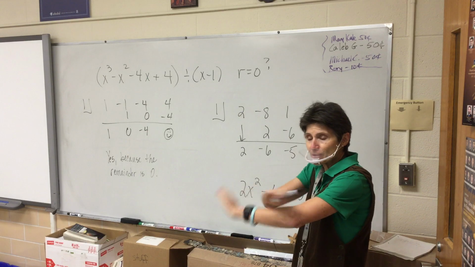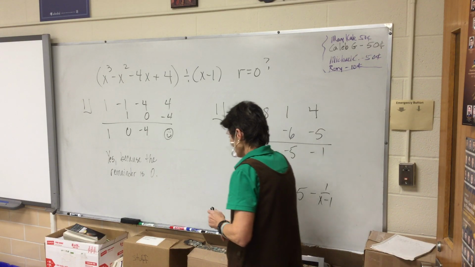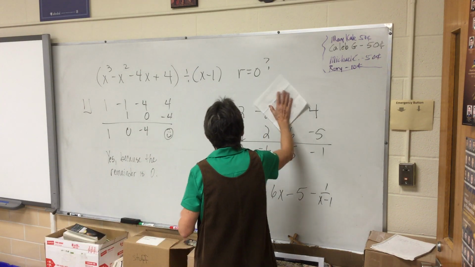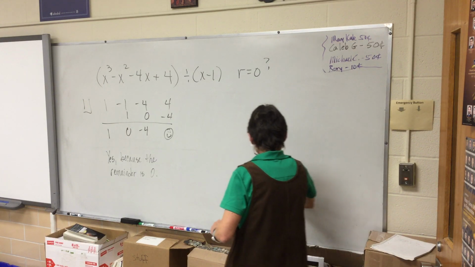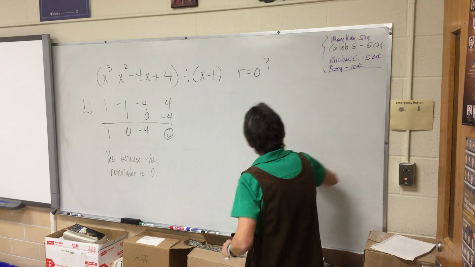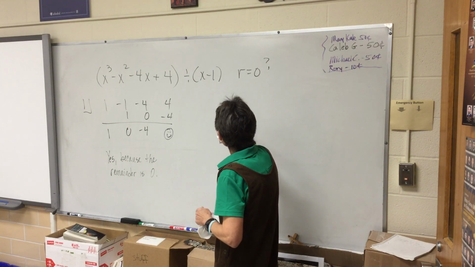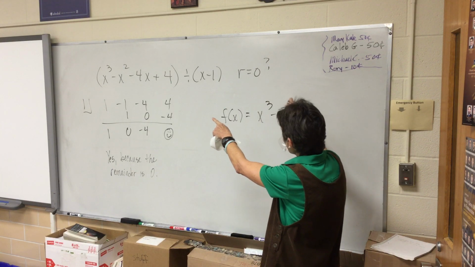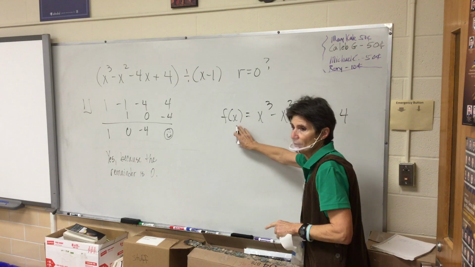That will, every single time, tell you if it's a factor. But I want to show you something else that's a little bit interesting. That might come in handy. It always works also. But it's something we haven't really talked about. But it's kind of an important idea. Let's suppose that thing that we're dividing there, that big part of the problem, is a function.